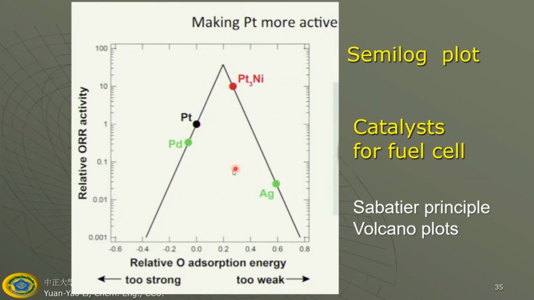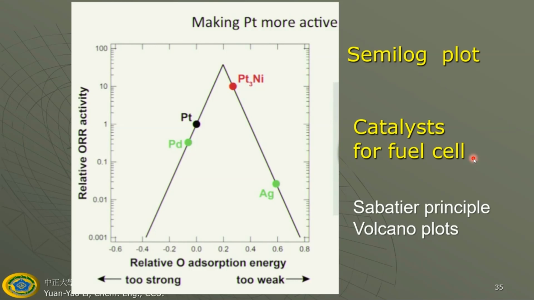Right. Here I want to give you some important examples. You might say, well, Professor, why do we need to learn this? This is a semi-log plot. You know the fuel cell? Do you know fuel cell? It's very important for the car, right? You use a lithium-ion battery for the vehicle, and now there's another technology called the fuel cell.